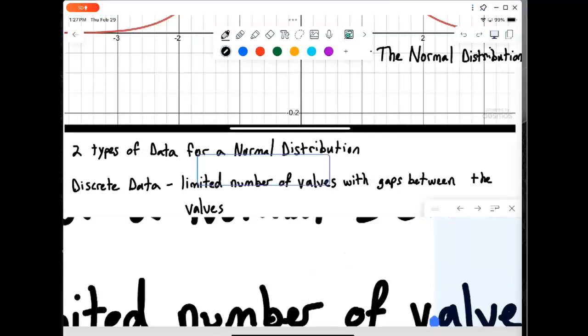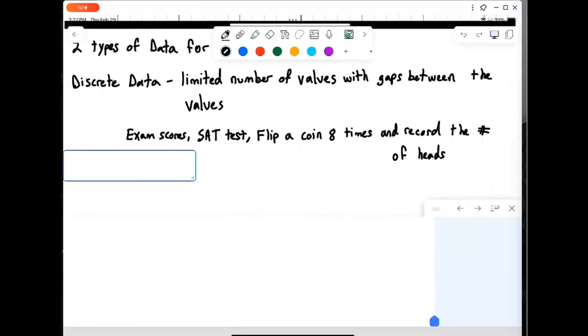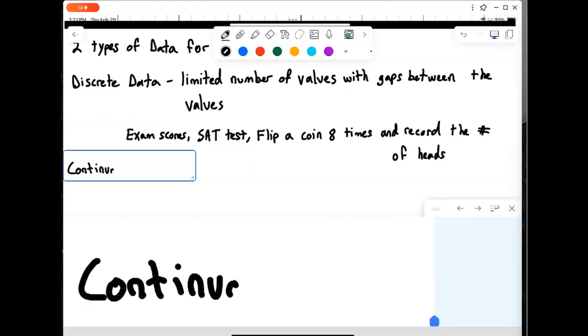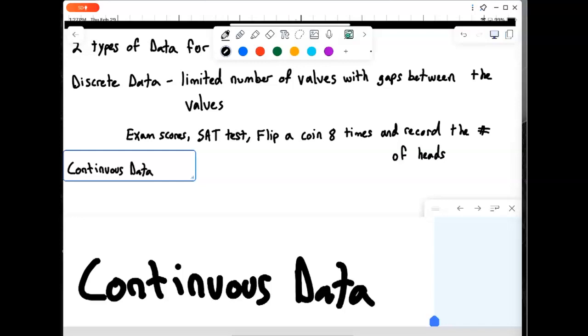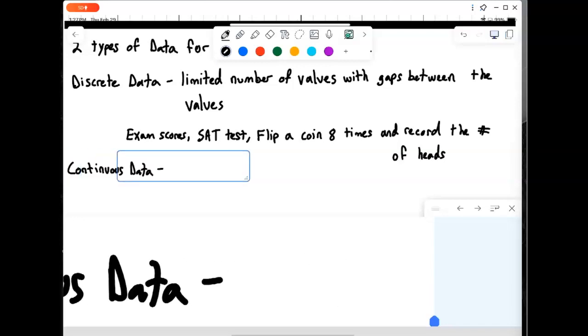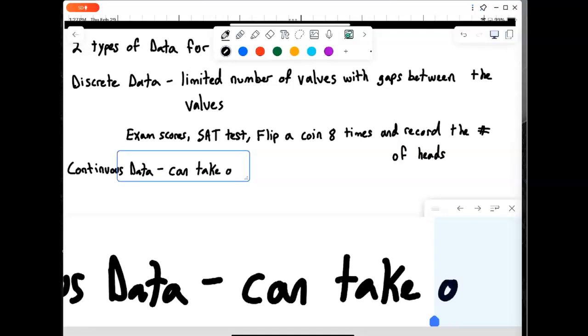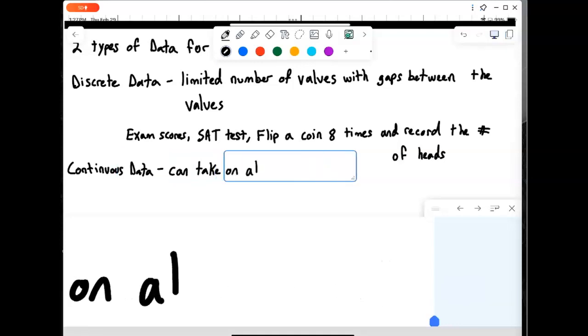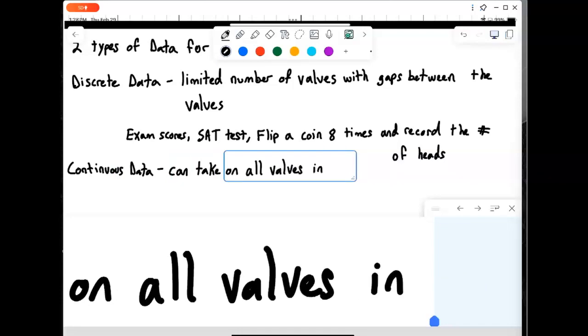And then the second possibility is what we call continuous data. Continuous data can take on all values in a range.